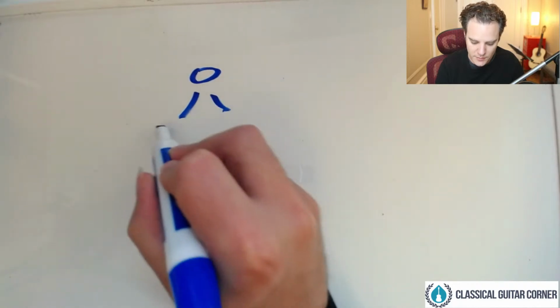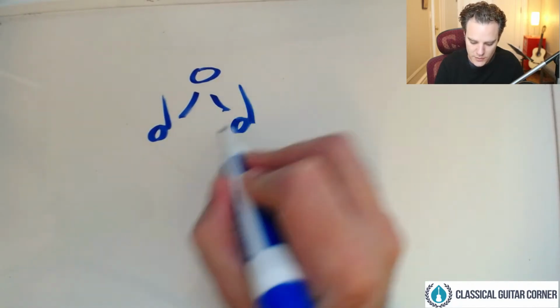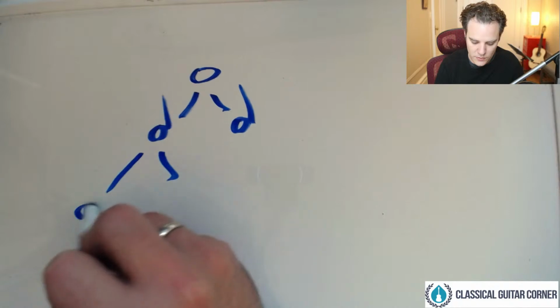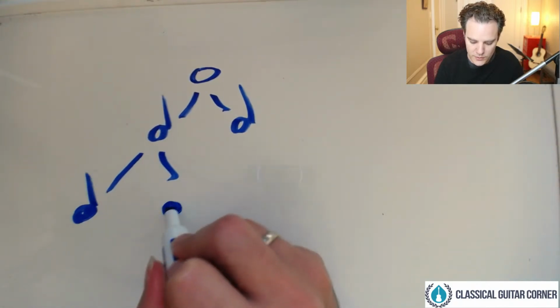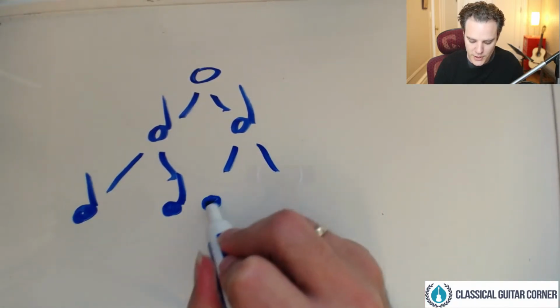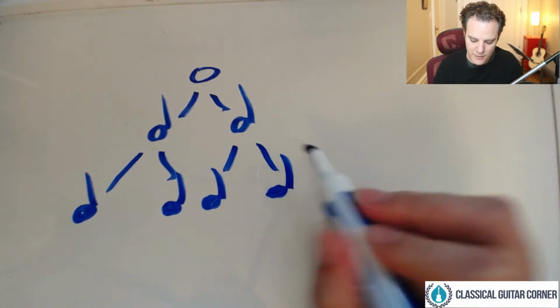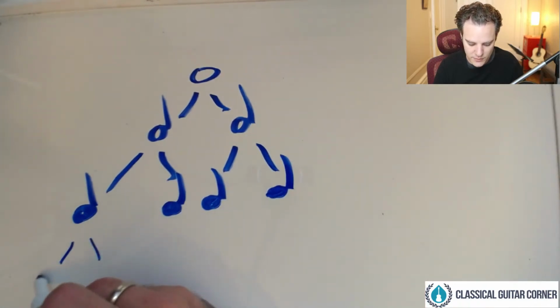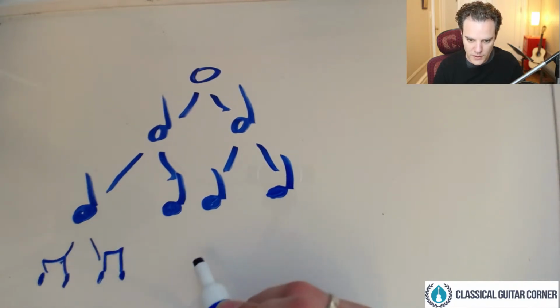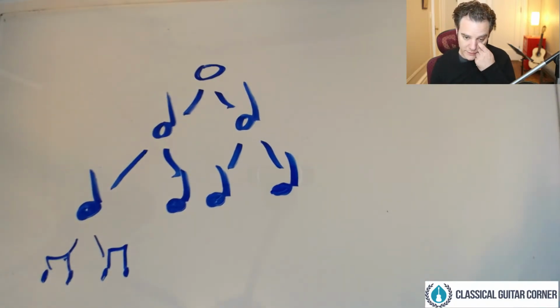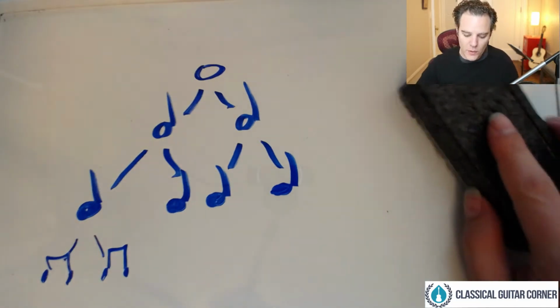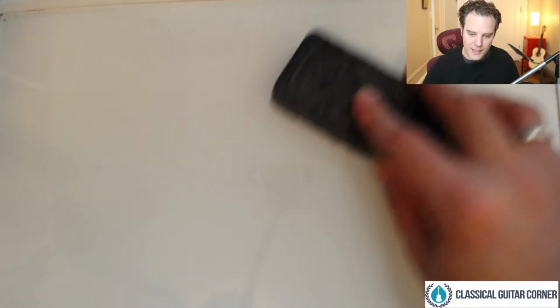Whole note makes 2 half notes, makes 2 quarter notes. This is a pretty standard rhythmic tree that you may have seen. That can be subdivided into eighth notes, and on we go. And it goes down, I would say, to 16th notes would be the most logical one. So each of these durations can be divided into smaller durations.